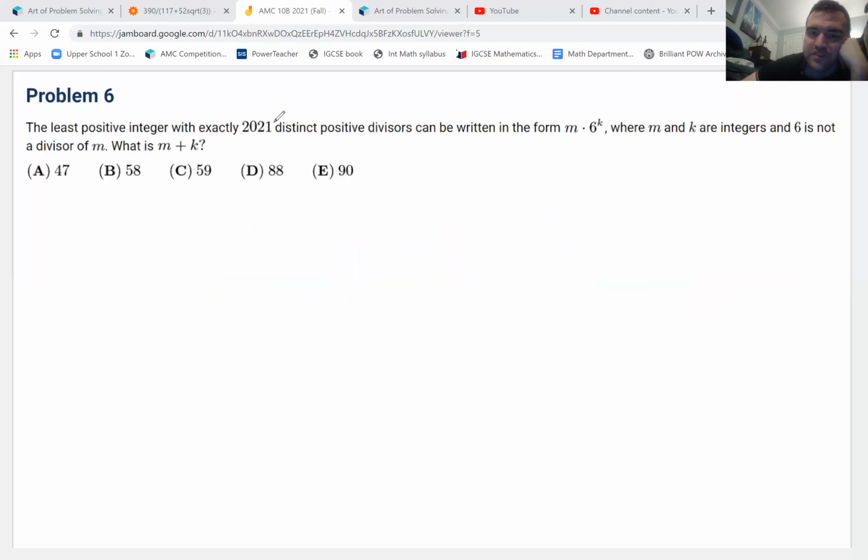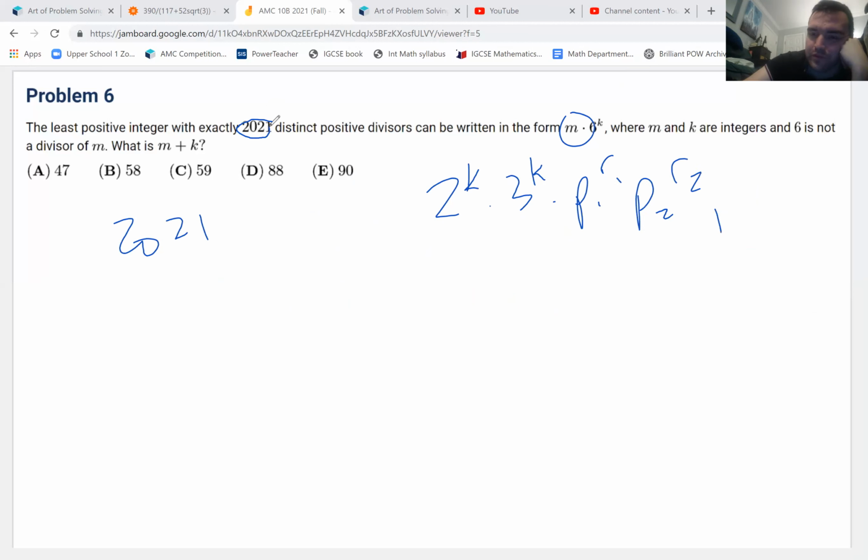So in order for a number to have 2021 factors, when you break it down to its prime factorization, let's say it is 2 to the k times 3 to the k times, now let's say m breaks down as p1 to the r1, p2 to the r2, p3 to the r3, pk to the rk.